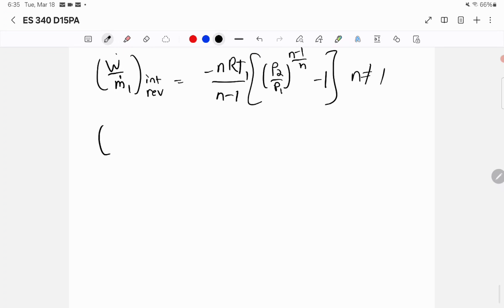Or finally, let's do one with n equal to 1. That's going to be equal to minus RT times the natural log of P2 over P1.